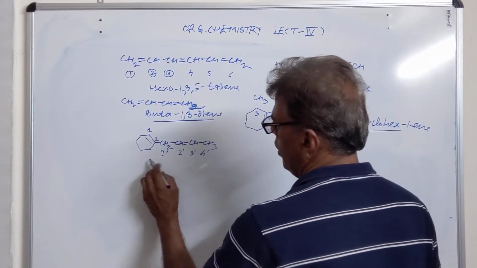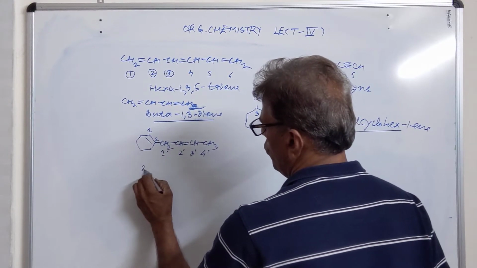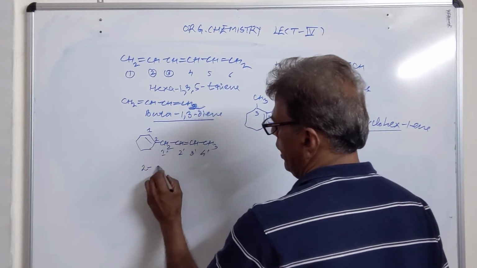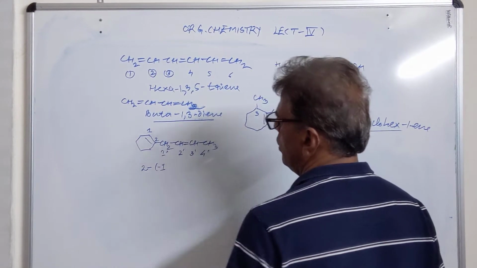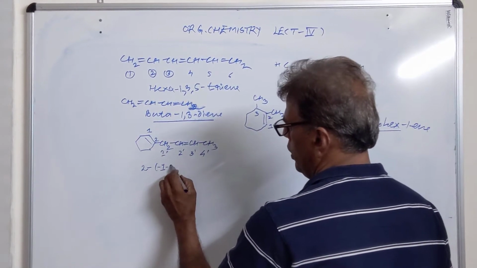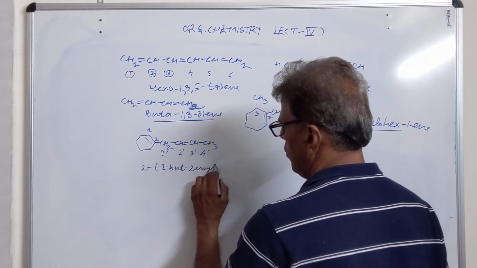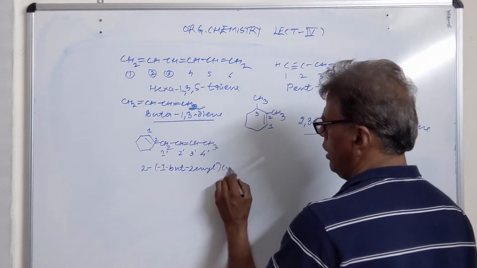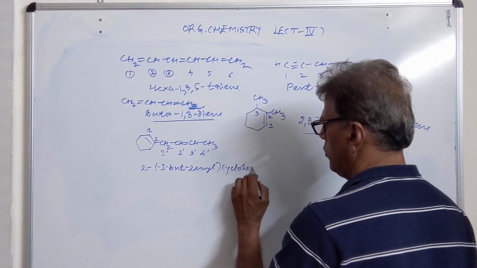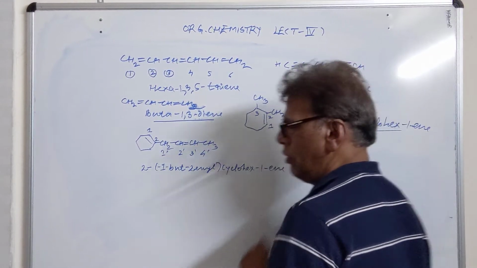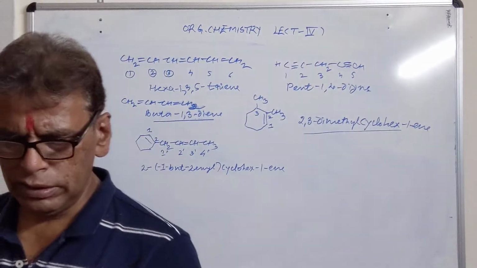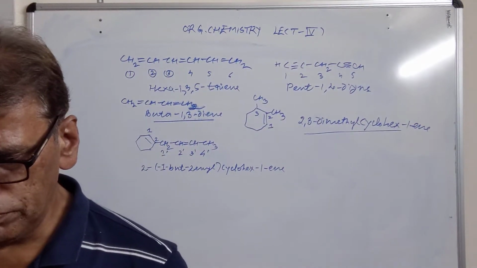So this compound will be 2-(but-1'-enyl)cyclohex-1-ene. So in this manner, these compounds are named.